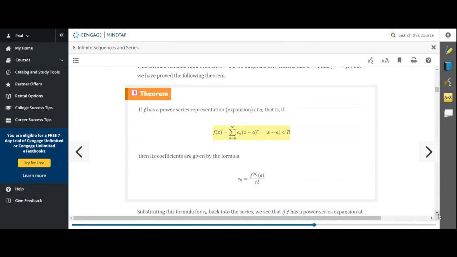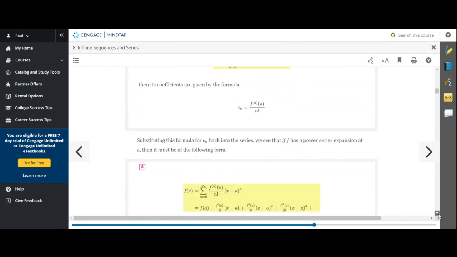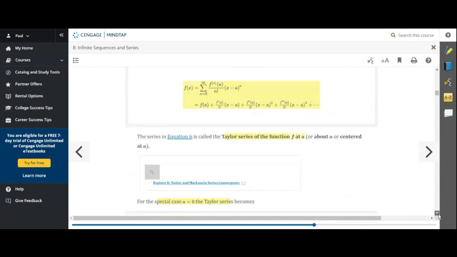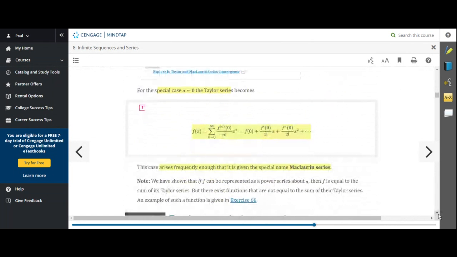Again, a function equals its power series only over its interval of convergence. But for many of the very common functions that you'll see, the interval of convergence might be all real numbers.